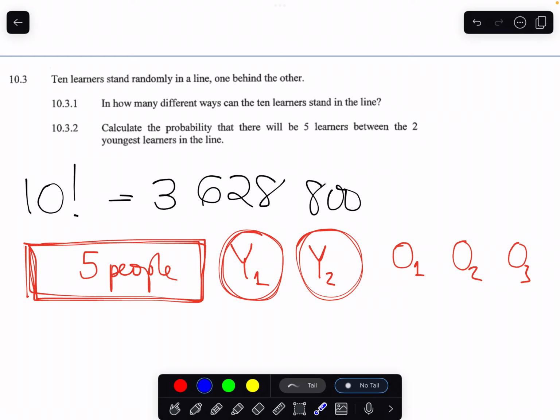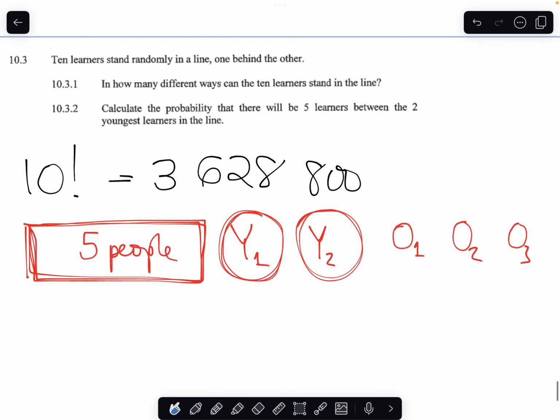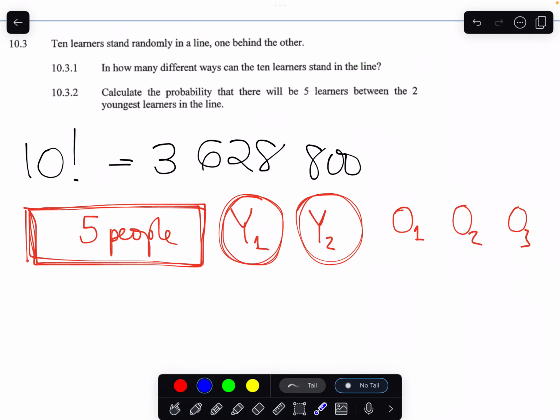Right. So we want to arrange these items. Okay, we're just going to dehumanize them for a second here, and figure out in how many of these arrangements is this block between these 2.